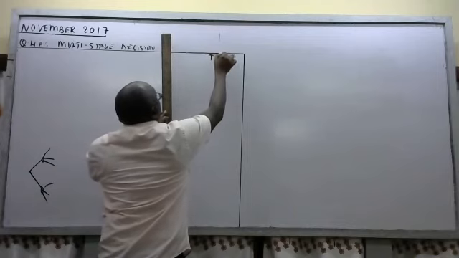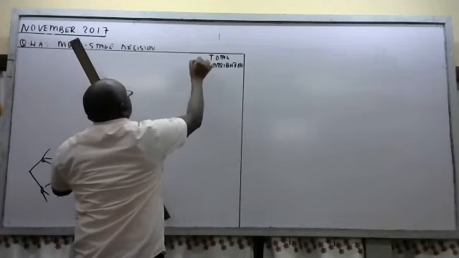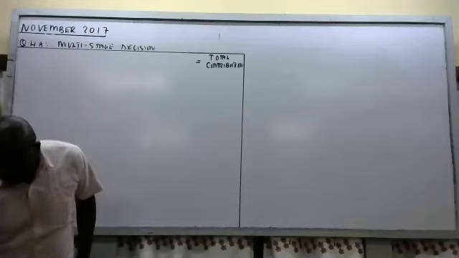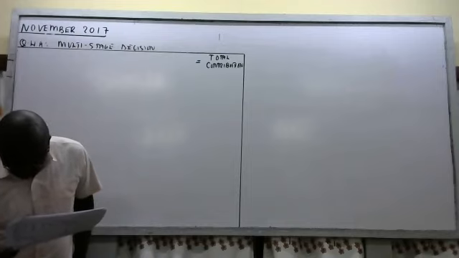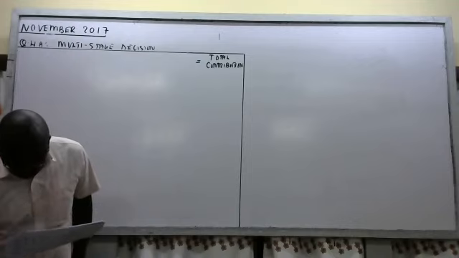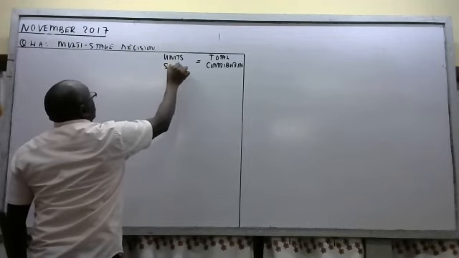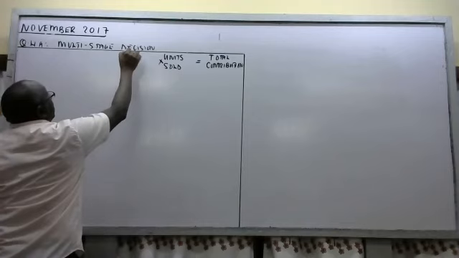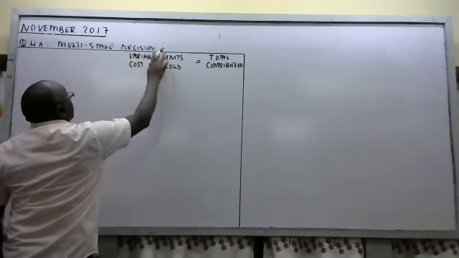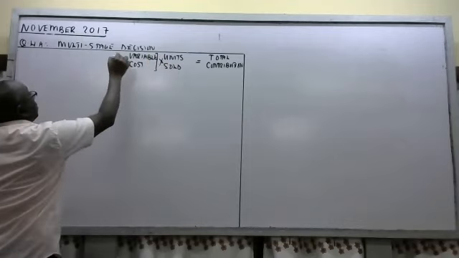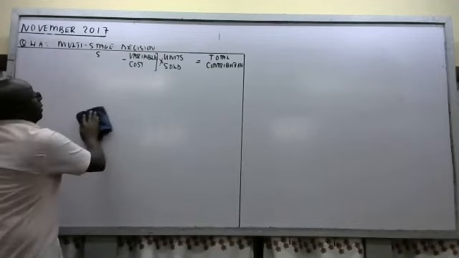I will say total contribution should be equal to units sold multiplied by variable costs. My space has refused to fit small ones.